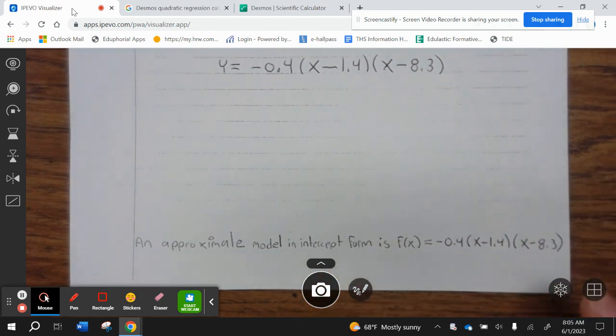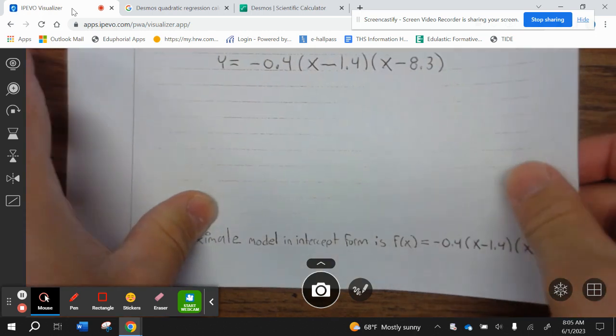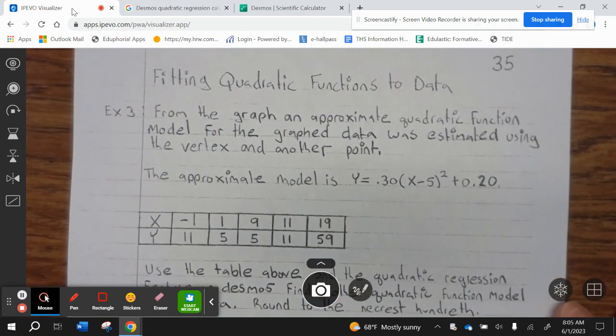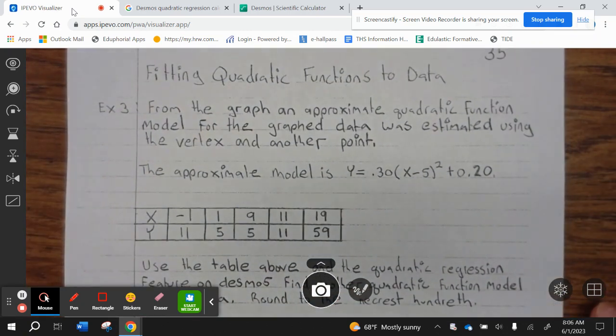All right, go ahead and finish up example 2. All right, example 3. From the graph, an approximate quadratic function model for the graph data was estimated using the vertex and another point.